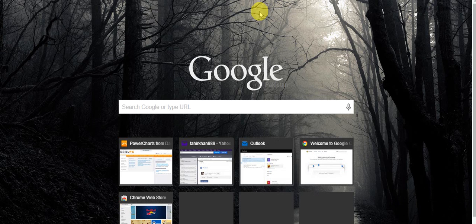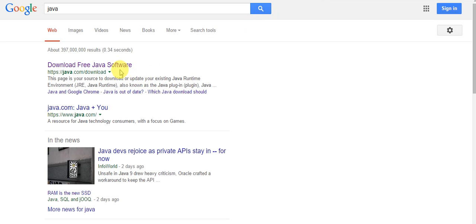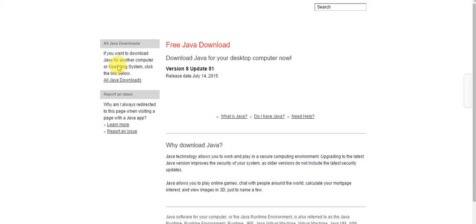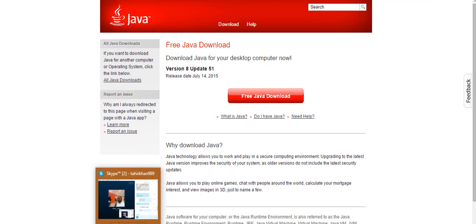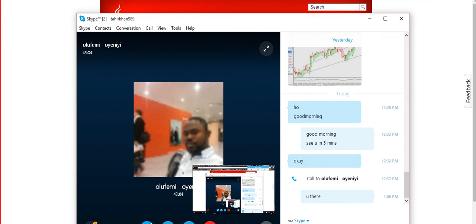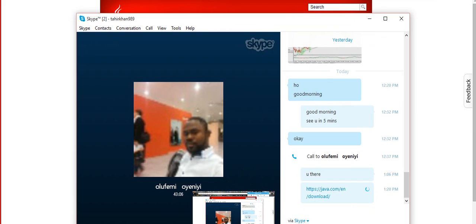Just go on the Java site. I'll send you the link. When you do a free Java download, it downloads the latest version, and it looks at your system requirement and gives you what you require.